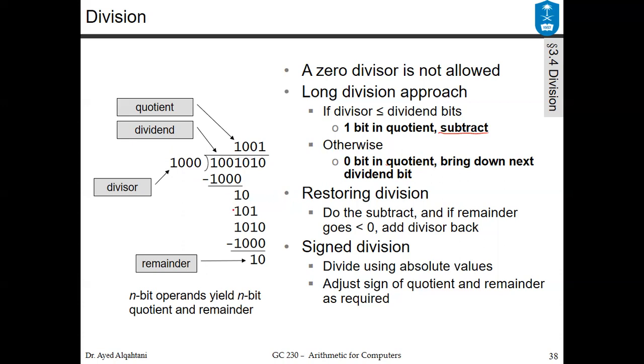Now, to do this division, we have a restoring division where you do the subtraction, because to know if the divisor is less than the dividend, you subtract, and if the remainder is less than 0, meaning it's negative, and we know that for a negative number the most significant bit is going to be 1, then we restore the divisor back, meaning that this subtraction is not doing the job.